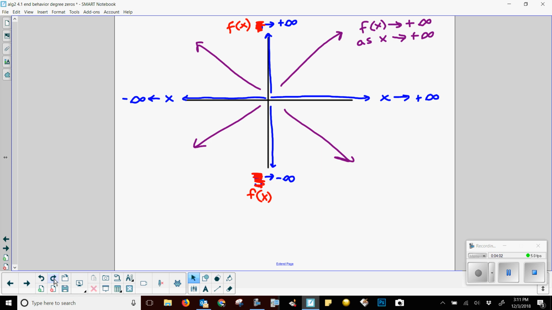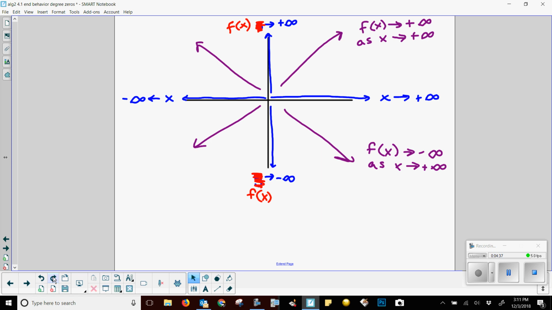Now, let's start with this one up here. We know that we are going to the right and we are going up. So basically, we're going to take going to the right and going up and put it in this particular form. f of x is going up as x goes right. We don't talk about it that way. We say f of x approaches positive infinity as x approaches positive infinity. This next one, f of x is going down as x goes to the right.